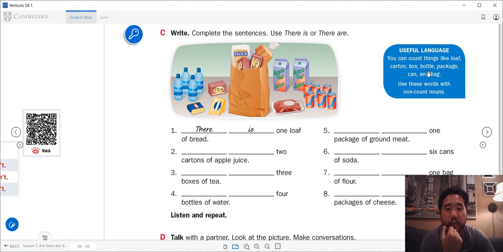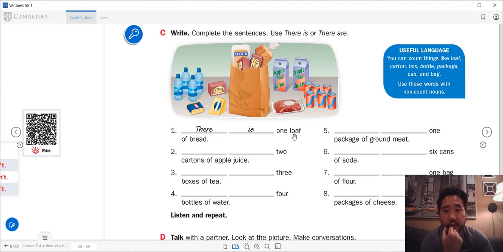So water, if we just say water, water is not countable. But if we say a bottle of water, that noun, which can't be counted, becomes countable. Okay? So number 1, there is one loaf of bread. One loaf. So loaf, there's only one.